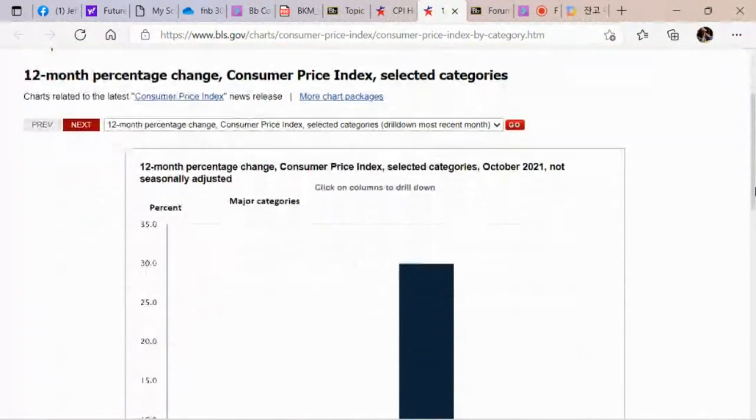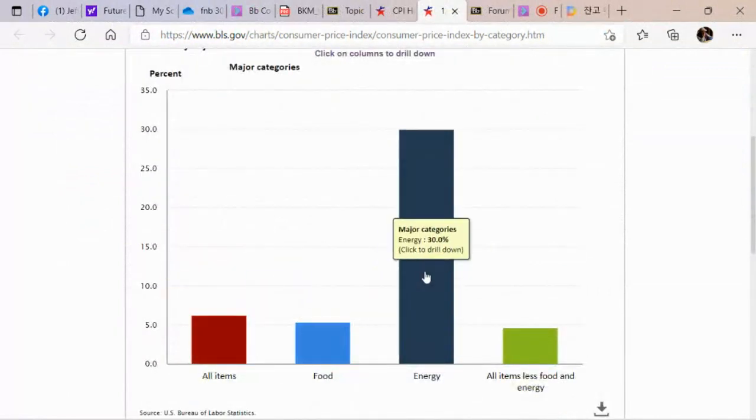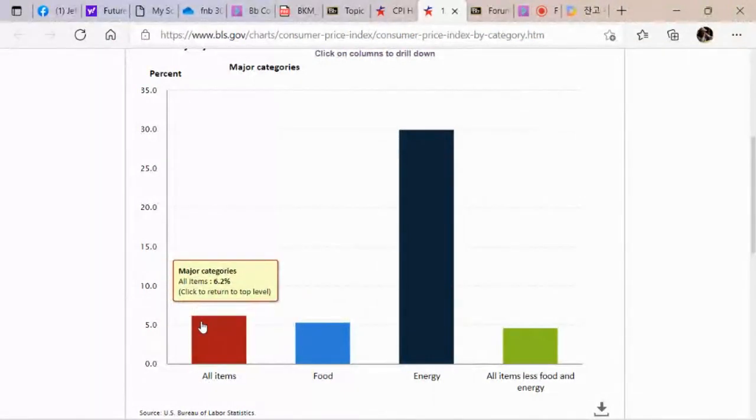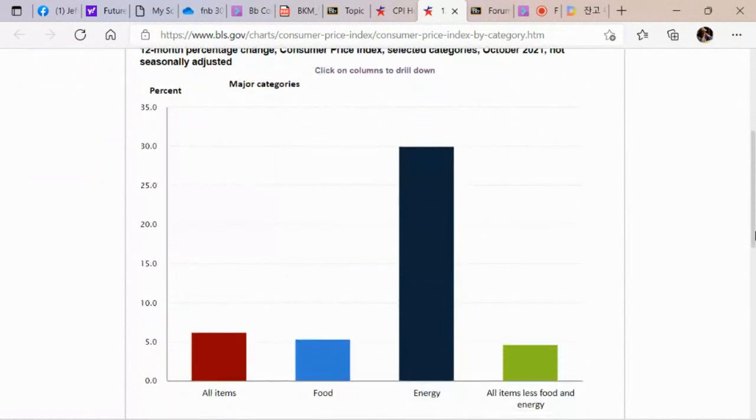And by categories, all items is about 6.2%. This is as of October. Food alone is 5.3%, that's inflation basically. You might wonder whether that's really the inflation in food, since it seems higher or more pronounced.